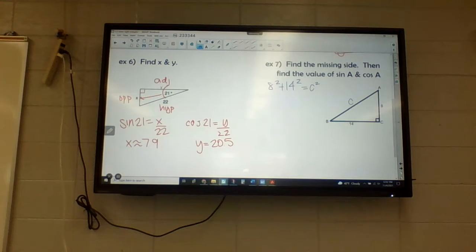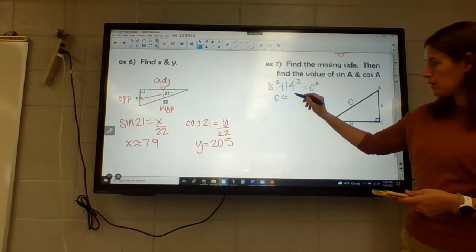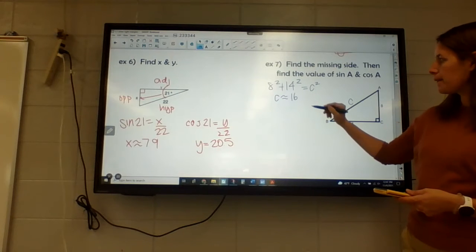It's like our hypotenuse, and I find out C is about 16.1.